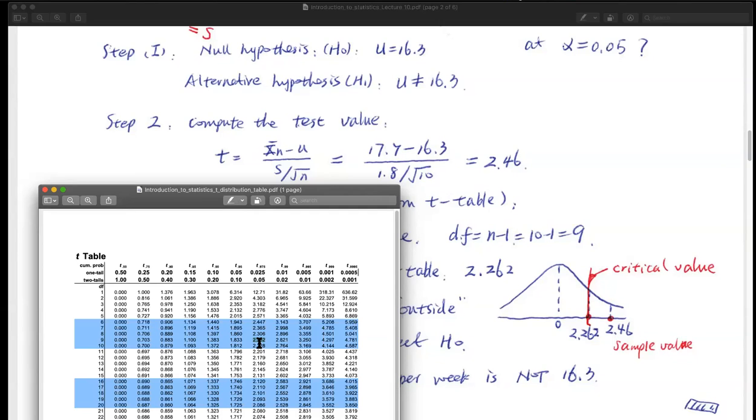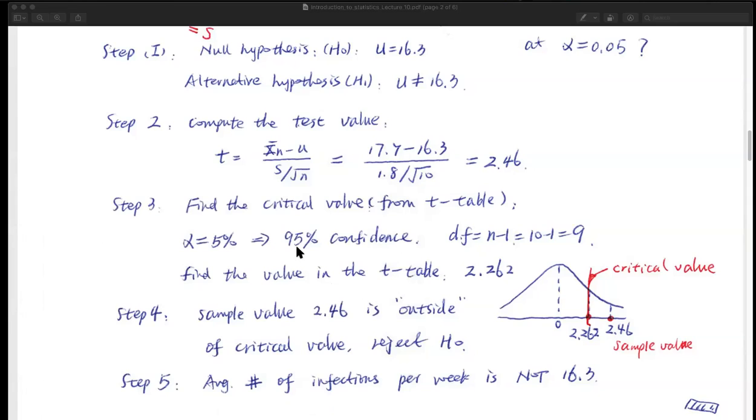We get 2.262. What do we call this number? The critical value. Are we good? So now we found the critical value here, 2.262. Now we can draw the bell-shaped curve on your paper when you are working on homework or exams.